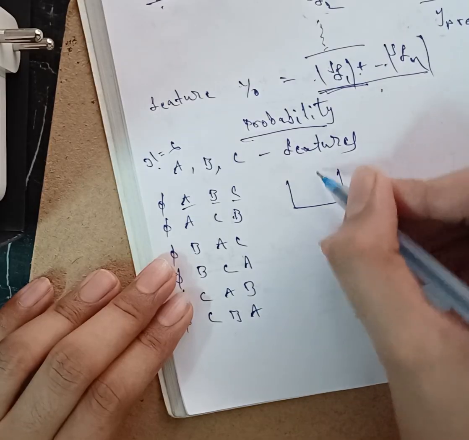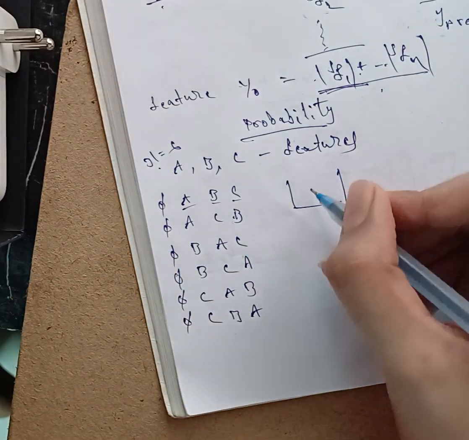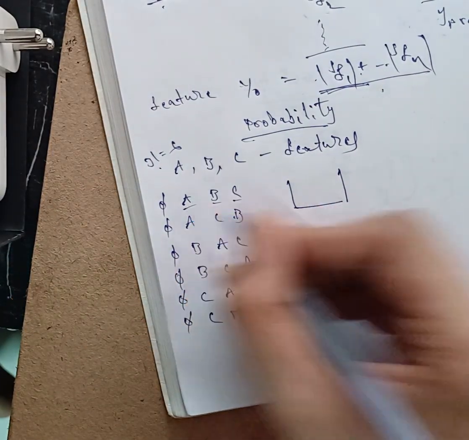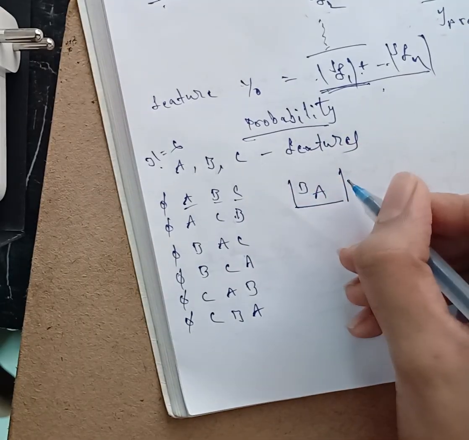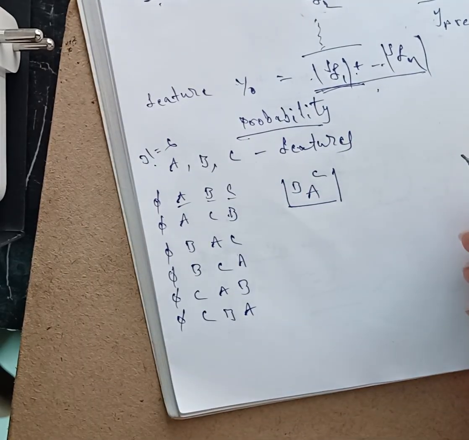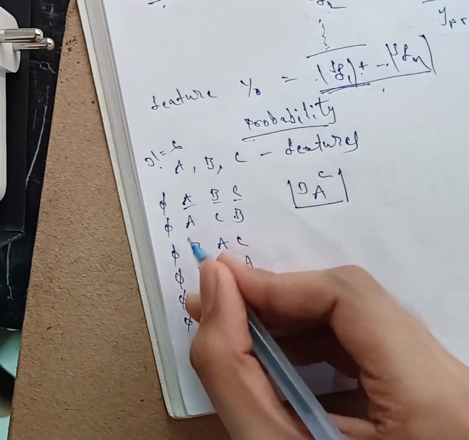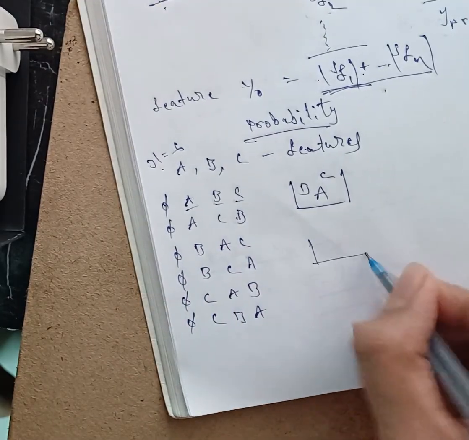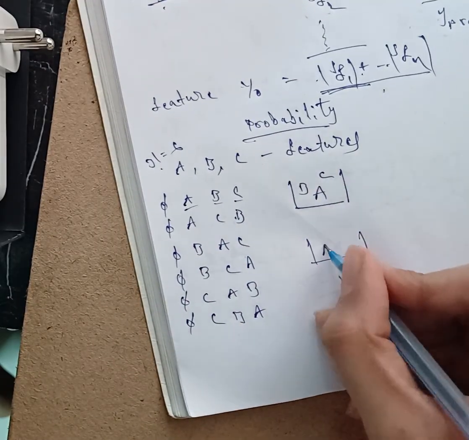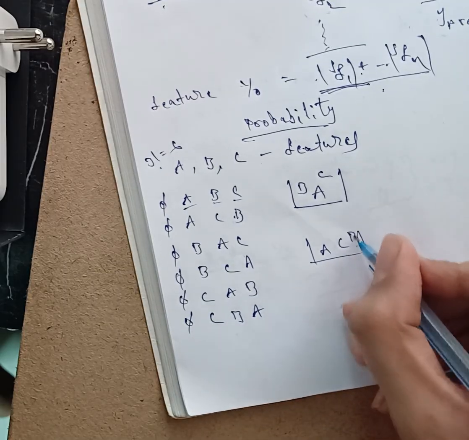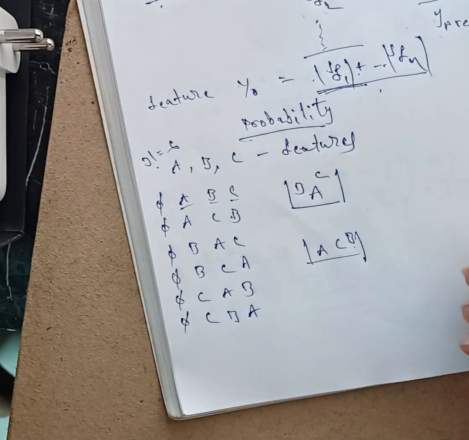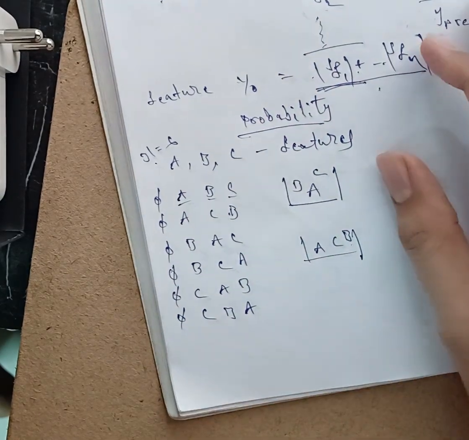Now all the features are coming to this bucket. Initially a comes to this bucket, then b comes, and then c comes. In this scenario, initially we have an empty bucket, and a came to this bucket, c came to this bucket, and lastly b came to this bucket.